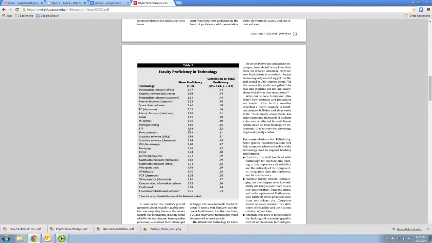I'm curious. Statistical software, web file manager. This is interesting because this is what we're talking about in using Google Docs and all the other things, and web file manager and FrontPage. Inquisite. I don't know what that is.